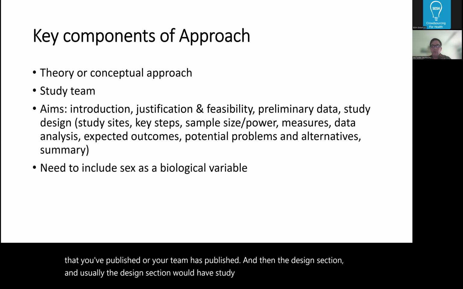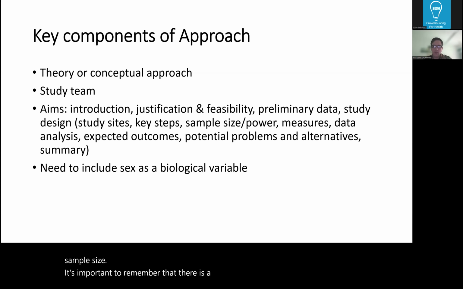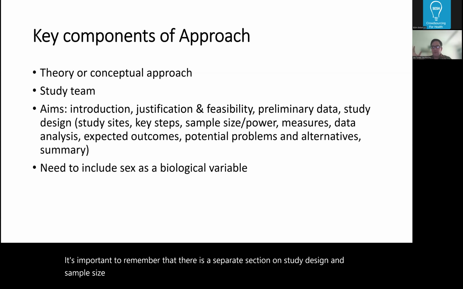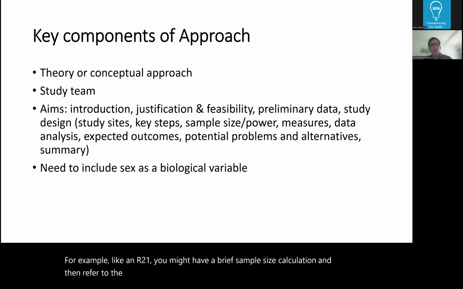It would talk about key steps. There'd be a sample size calculation and power calculation. And for sample size, it's important to remember that there is a separate section on study design and sample size. So for example, like an R21, you might have a brief sample size calculation and then refer to the separate section that's entirely on that.